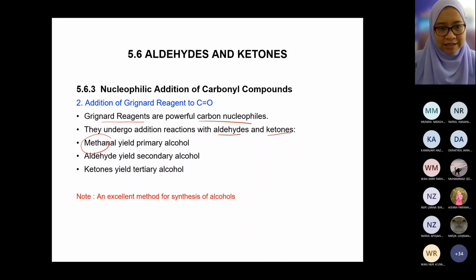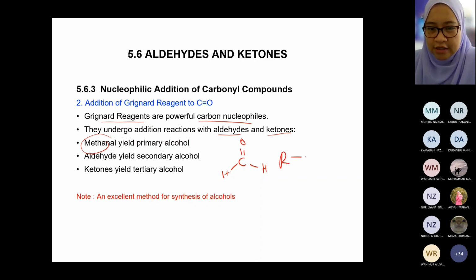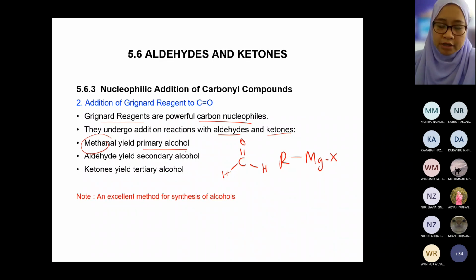So basically methanol, if you have methanol, this is methanol, okay guys? So when you use methanol, reacts with Grignard reagent. Ingat lagi tak Grignard reagent ni? MgX. This is Grignard reagent. When you react methanol with Grignard reagent, it will yield primary alcohol. Methanol saja, dia aldehyde, tapi kita specify methanol saja yang produce primary alcohol.